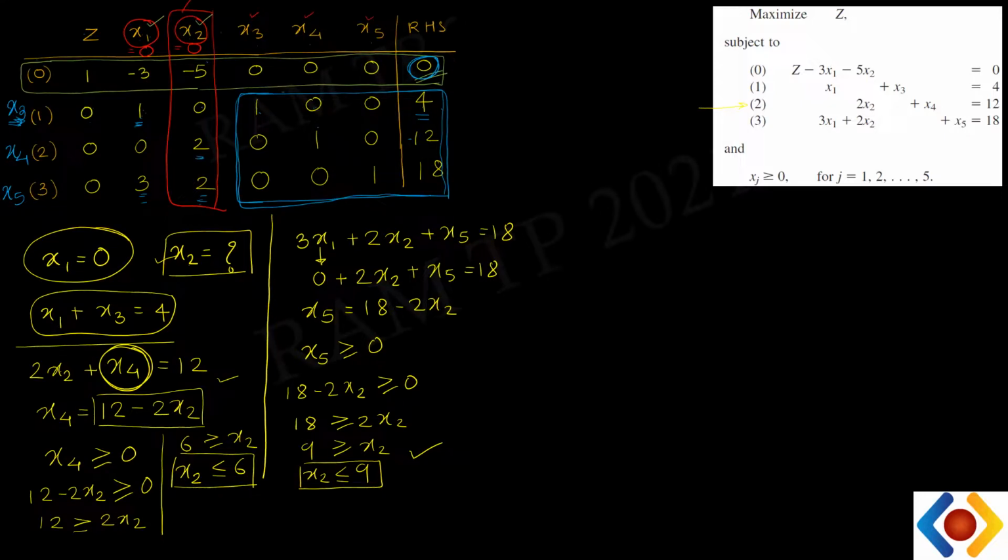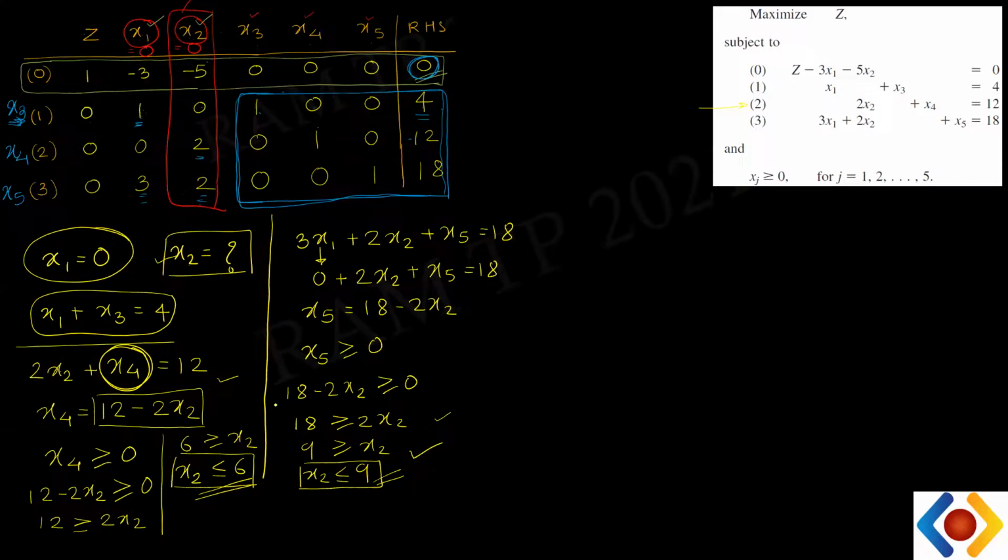So from 2 equations, I got 2 limiting conditions, and then I have to make sure I select a value in such a way that both equations are satisfied. As we said, if we take 7, this equation will be satisfied, but then this equation will not be satisfied. This will make x4 negative, and therefore I can't go beyond 6.